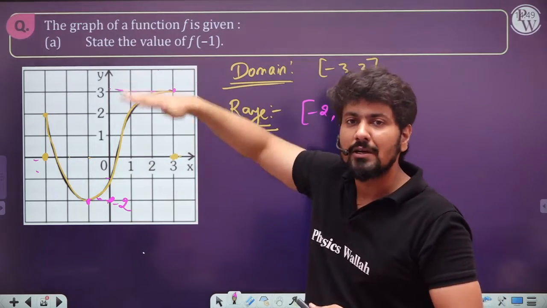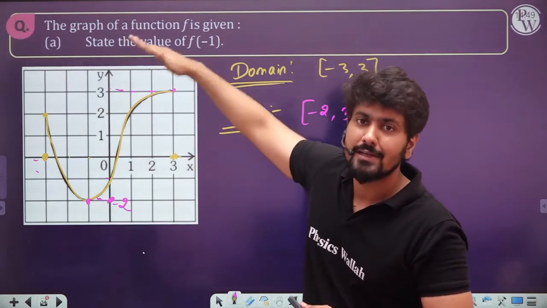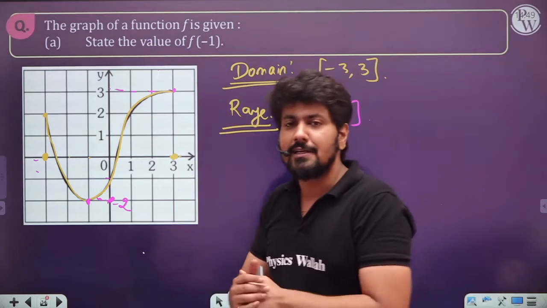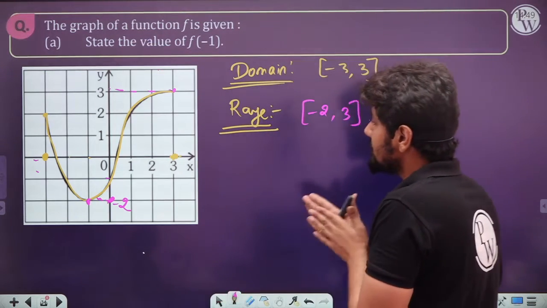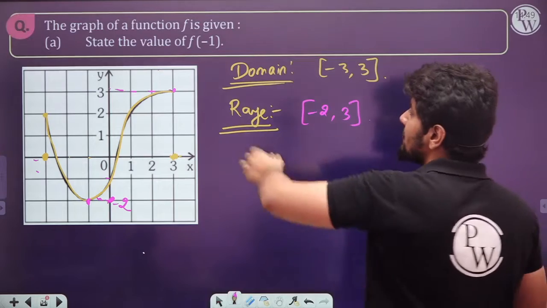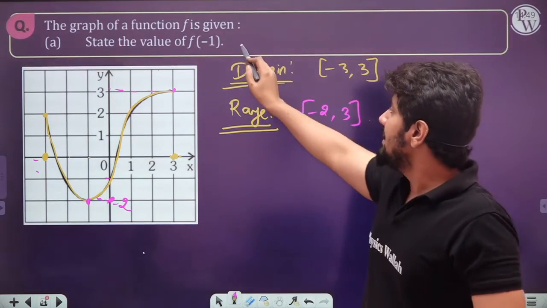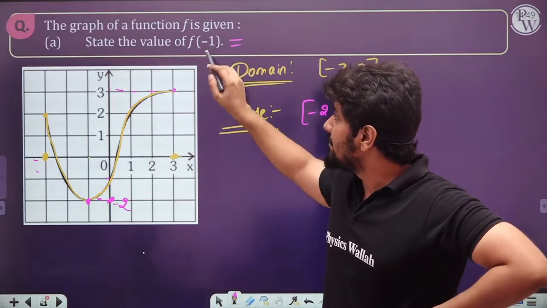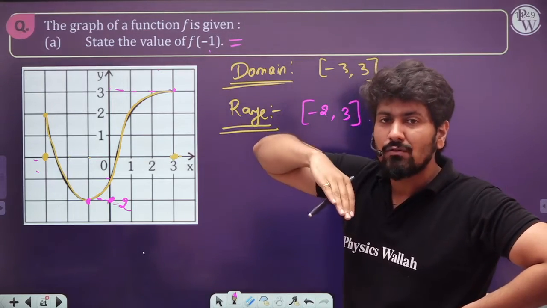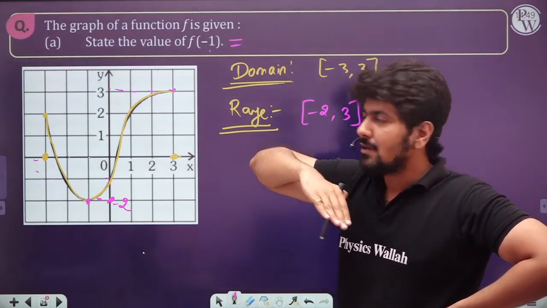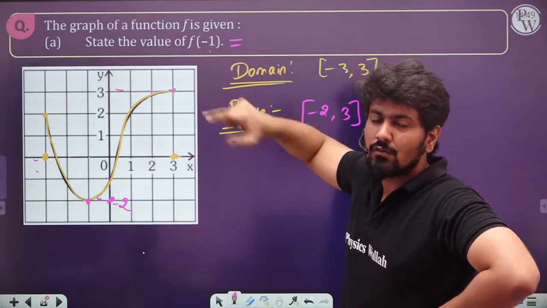The highest point and the lowest point, that's where you get the range, right? Okay, now here first of all they are asking us what is the value of f of -1. Okay, what do we mean by it? It means that when the x coordinate is -1, what is the y coordinate?